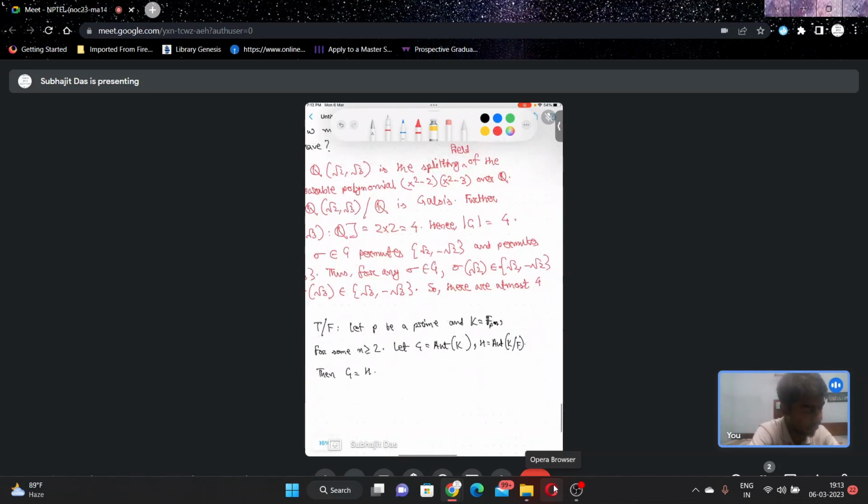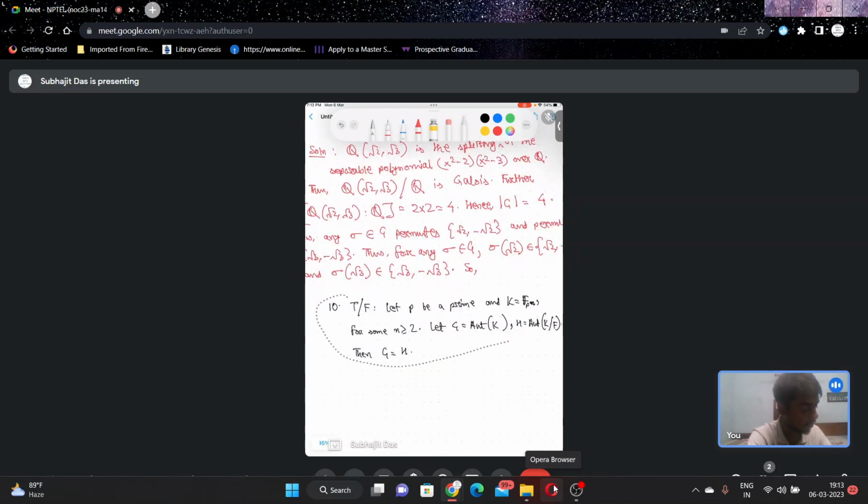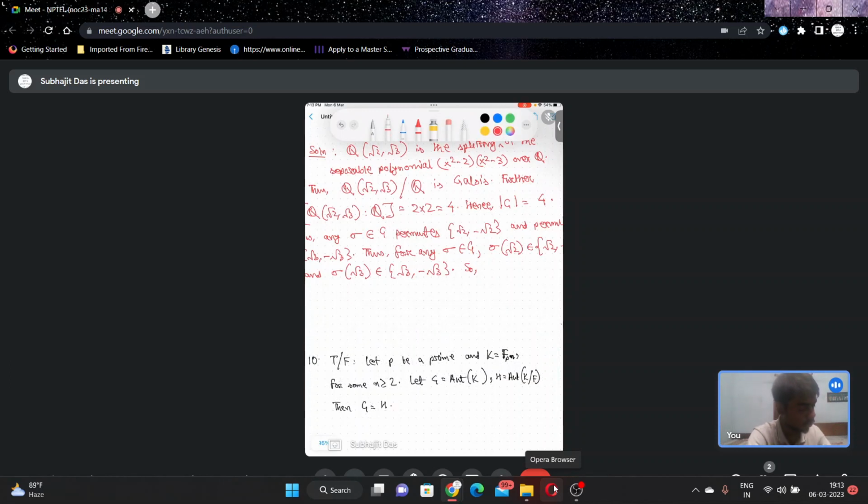Maybe we don't need to go there, we can just finish the argument in a couple of minutes. So every sigma in G has order 2. Thus G is isomorphic to Z2 cross Z2, right?